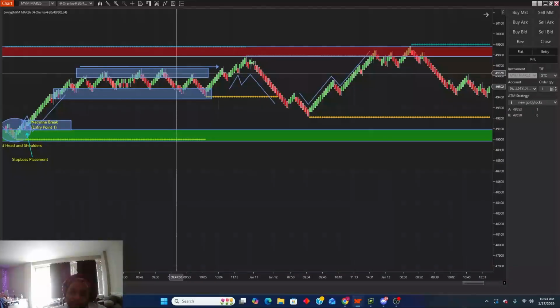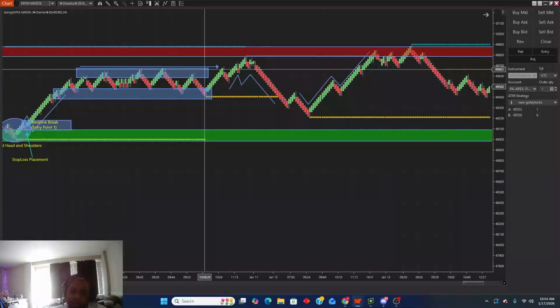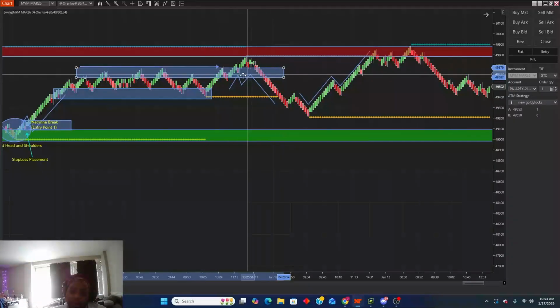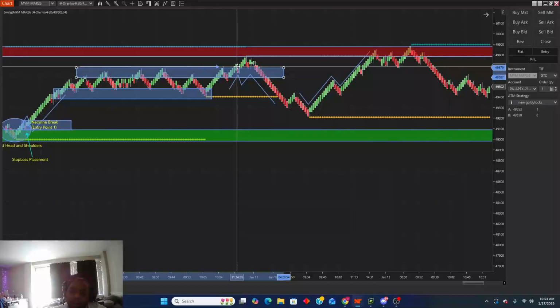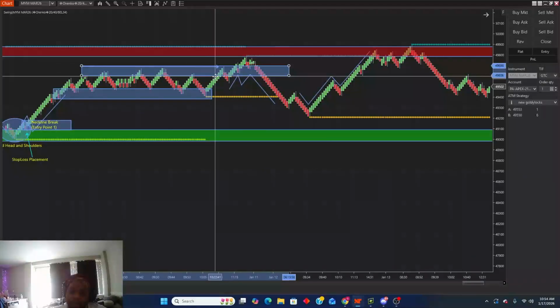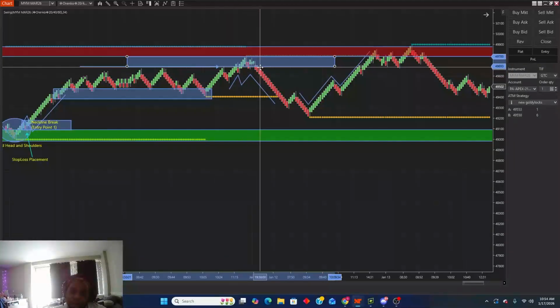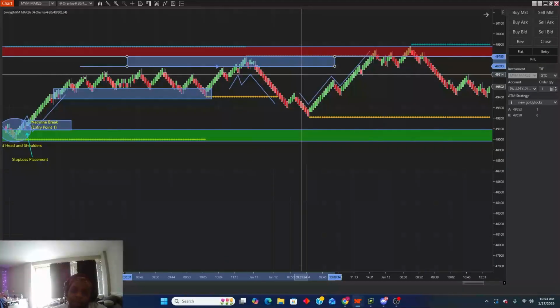Feel me? Okay, we broke out of said range, right? Come up, boom, new high, new high, new high. Okay, so with this being formed, what does that mean?